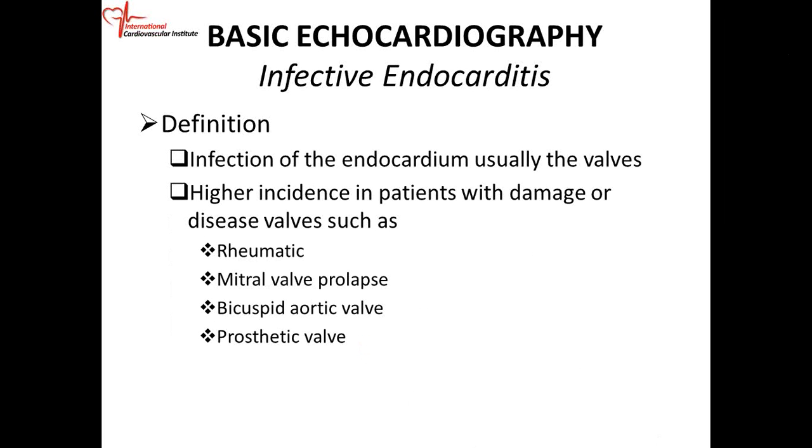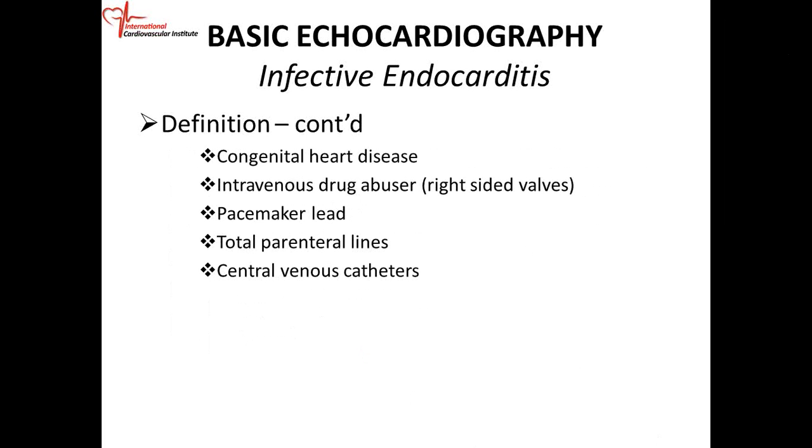There's a slight increase in infective endocarditis. Bicuspid aortic valve, which is a congenital problem, and commonly prosthetic heart valves can become infected. As mentioned before, congenital heart disease, because you may have multiple defects and you can get a nidus of infection in the area of the defects.